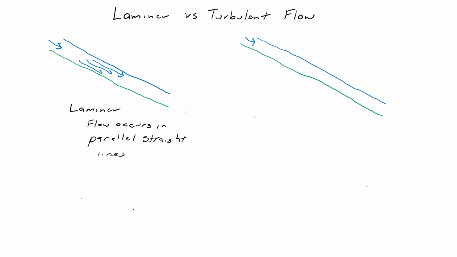But over here on the right, when you have turbulent flow, the flow paths are all contorted. And you get eddies and backflow and a real mess. So for the turbulent case, the flow paths are contorted.